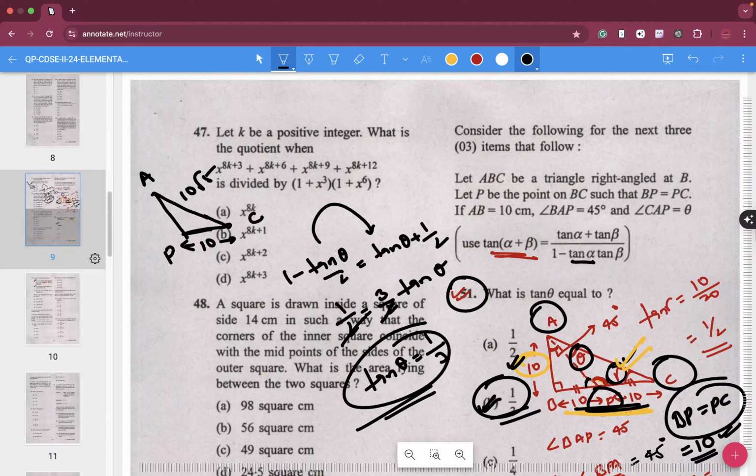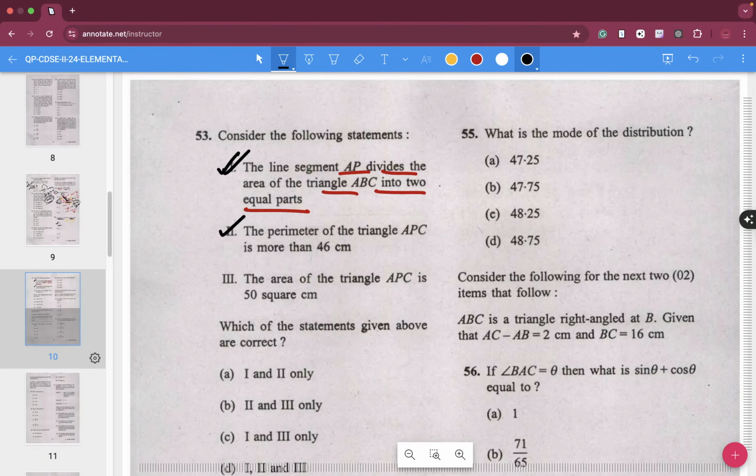Now this value AP over here will be simply 10 root 2. If you add all of this, you will be getting how much? 10 plus 10 root 2 plus 10 root 5.